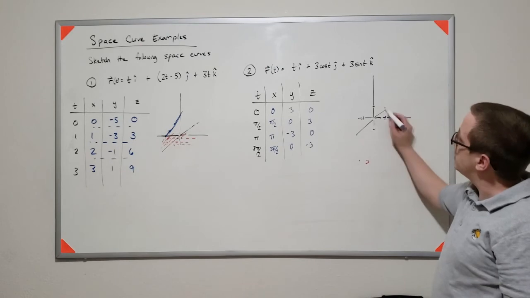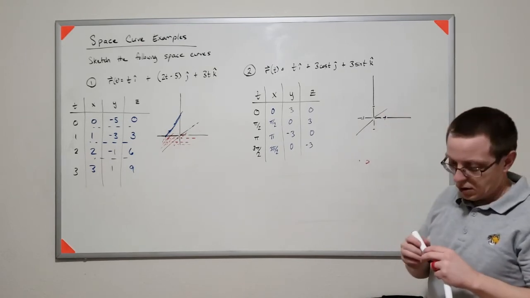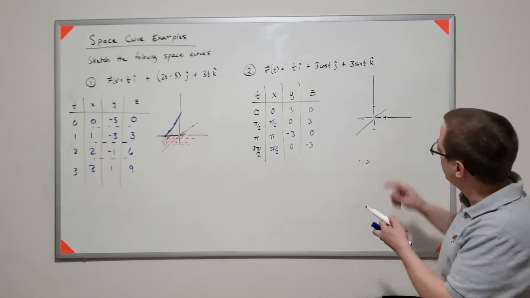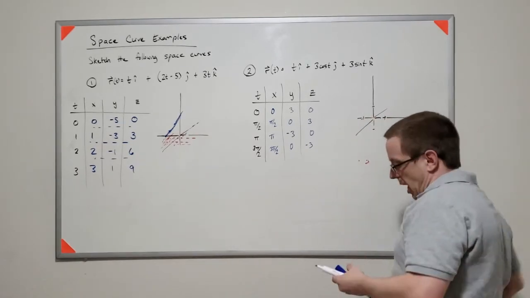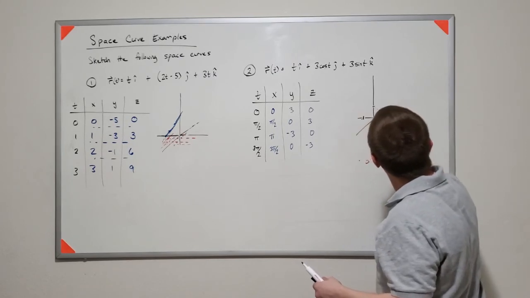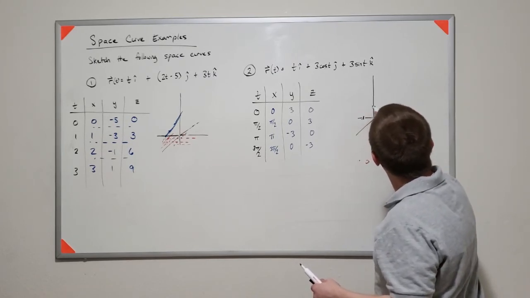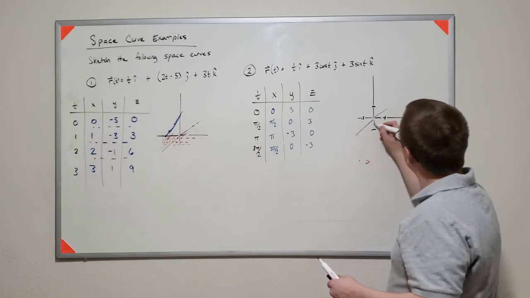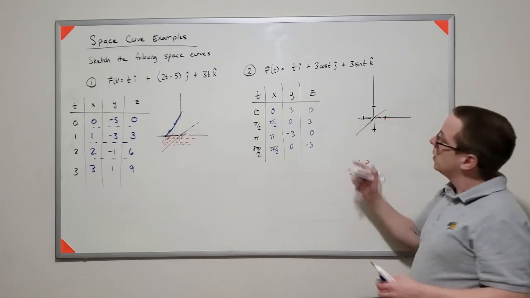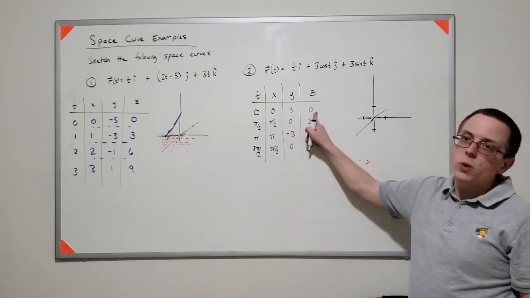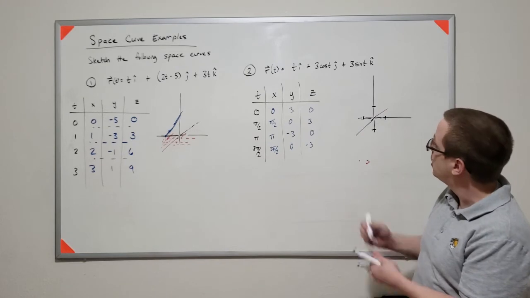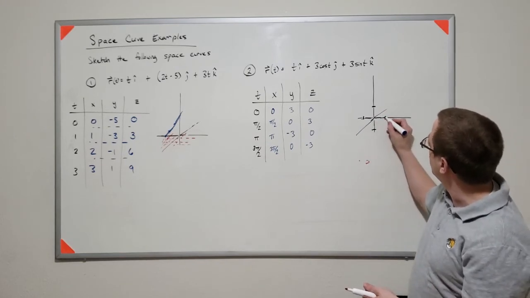So if you define these as your negative and positive 3's, really should have done that in black. Then we have 0, 3, 0.